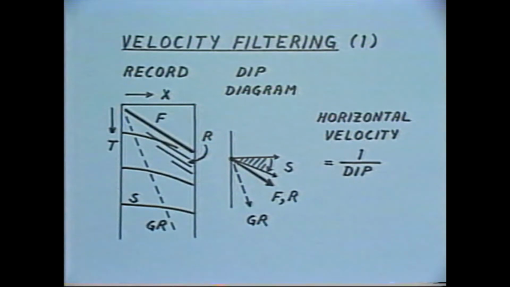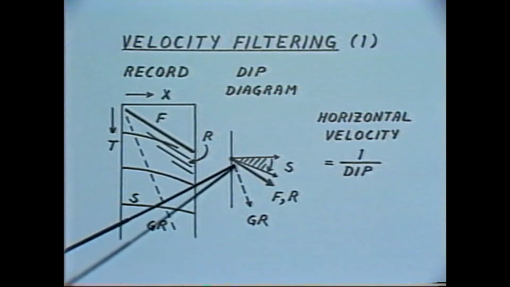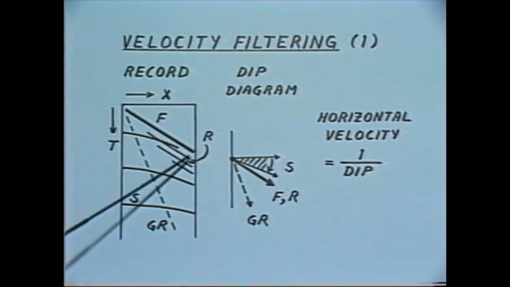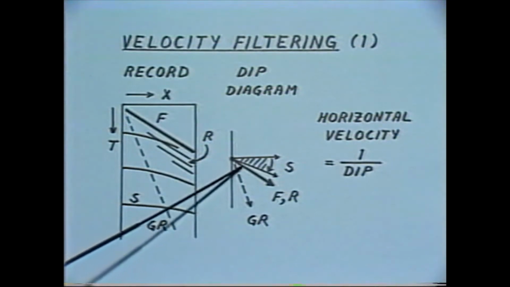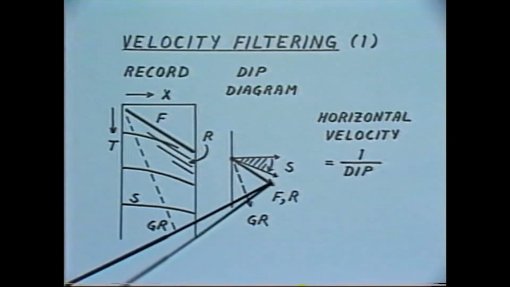Now if we look at the dips of these various events across the seismic record, we can draw them out in a little diagram, a dip diagram, showing the range of dips of each of those different events. And obviously the ground roll has the steepest dip. The first arrival energy and the refractions and reflected refractions all have about the same dip, maybe occupying a small range of dip somewhere here.